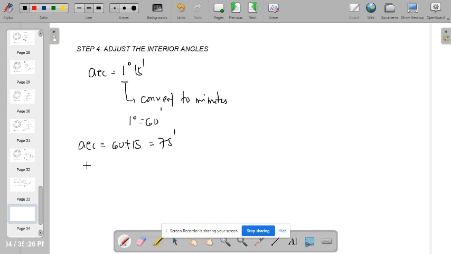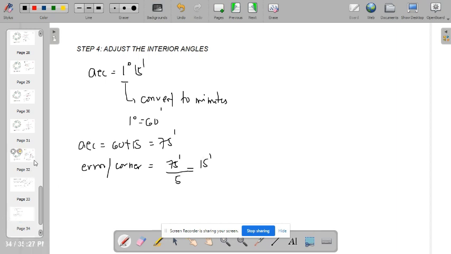And distribution, okay, error per corner should be 75 minutes divided by 5. That's equal to 15 minutes. Okay? So, bawat corner, mag-a-adjust ka ng 15 minutes. The question, are you going to subtract it or to add?